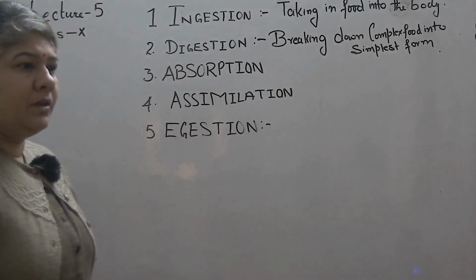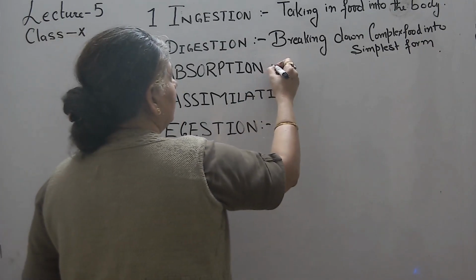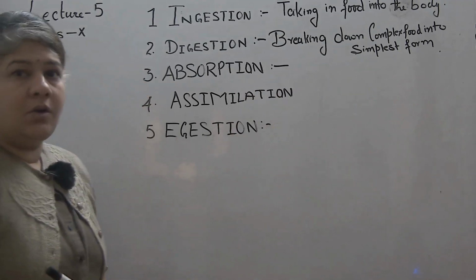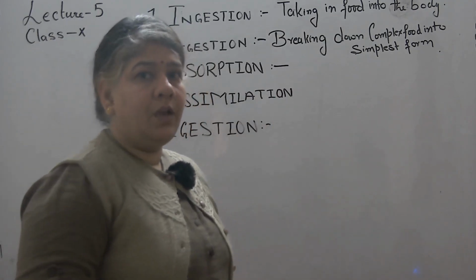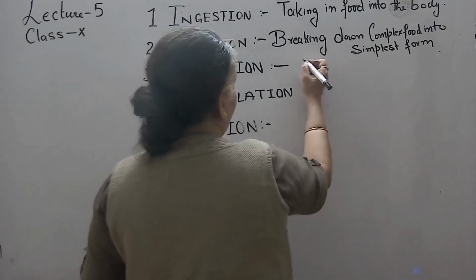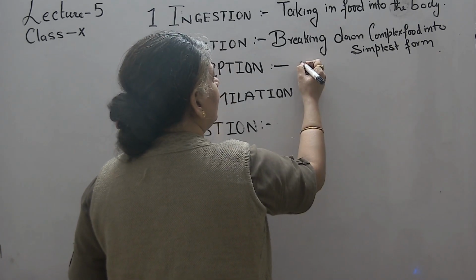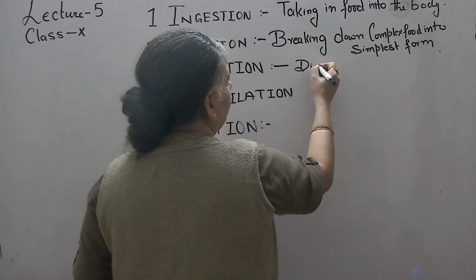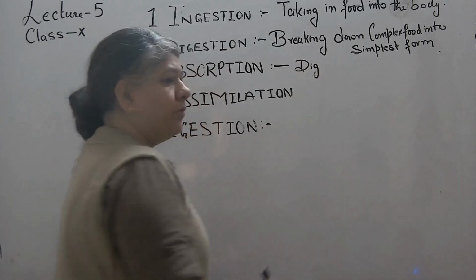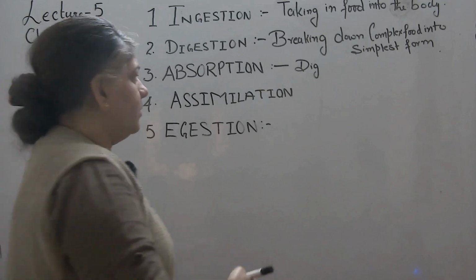Then absorption means the simplest form of food now become the part of the body cells. So absorption means, you can write digested food. Now this simplest form of food can now be called digested food.